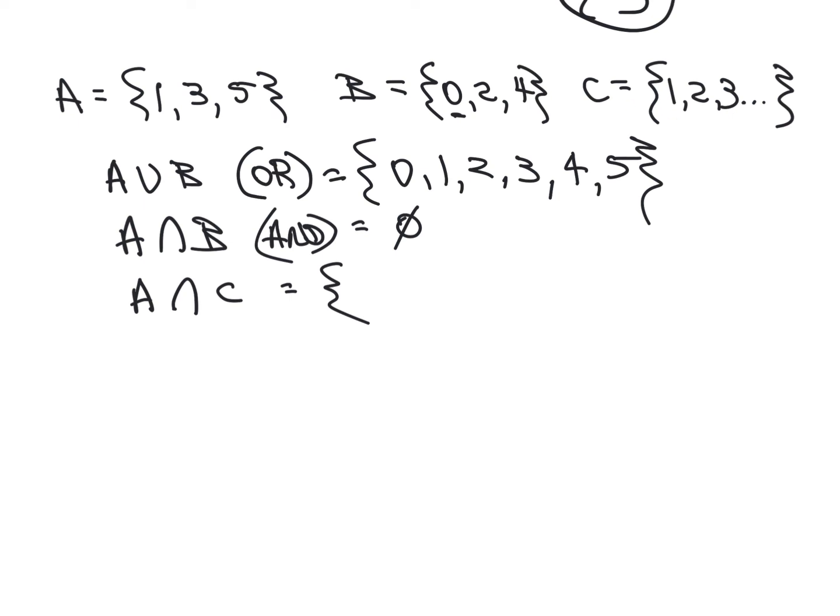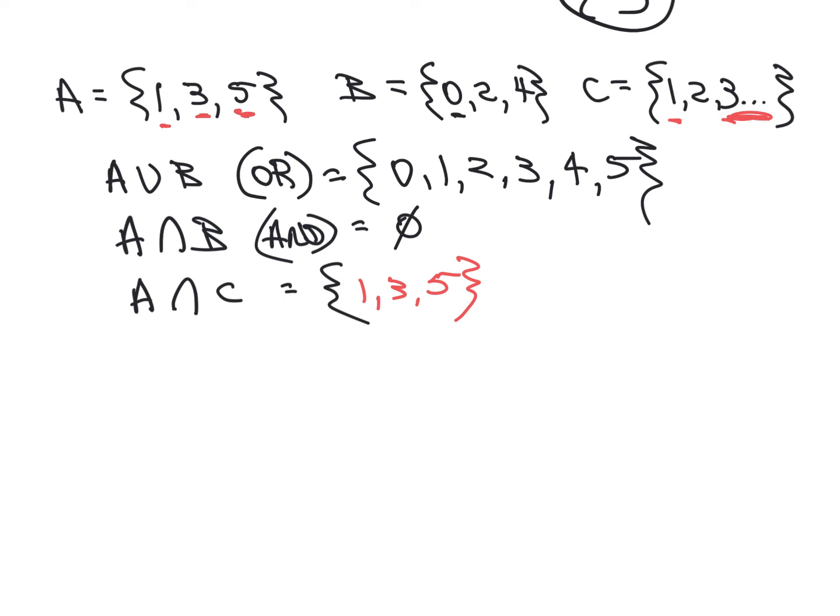All right, so I have a 1 that's common to both of those, so I'm going to put that here. I have a 3 here, and I have a 3 here, so that's common. I have a 5 here, and this says it goes on forever, so it also would have a 5 there. So that would be the intersection, or what is common to both sets.